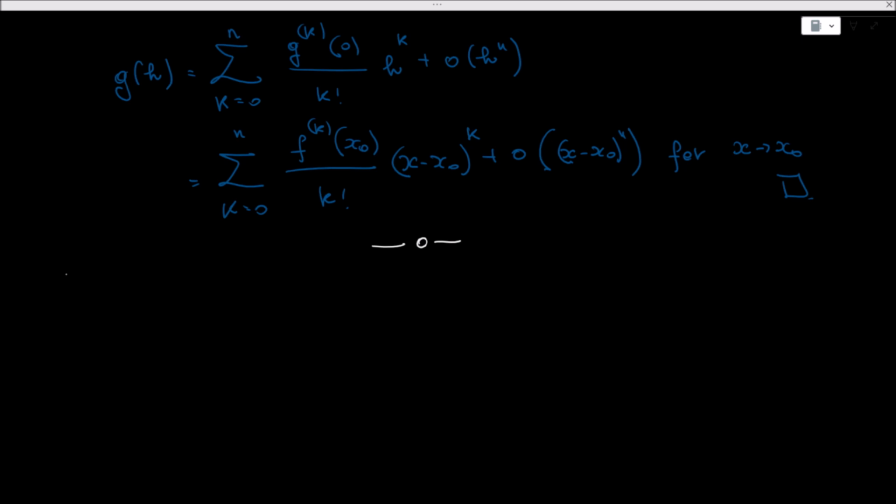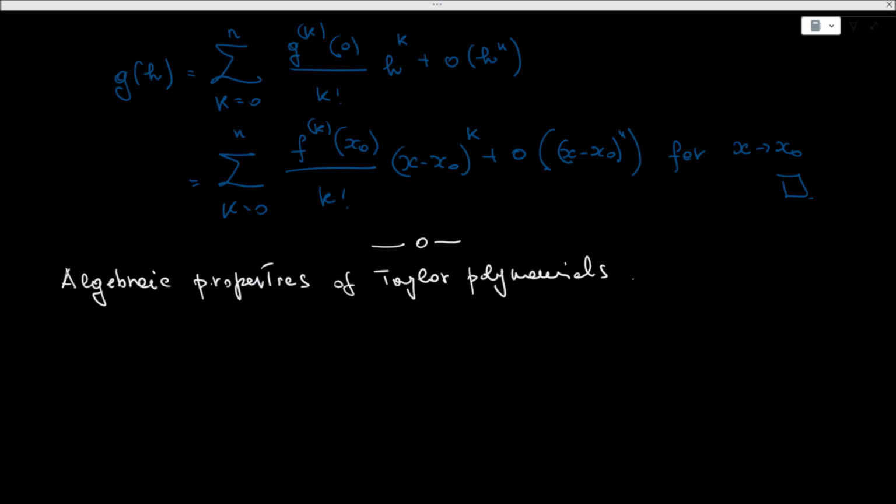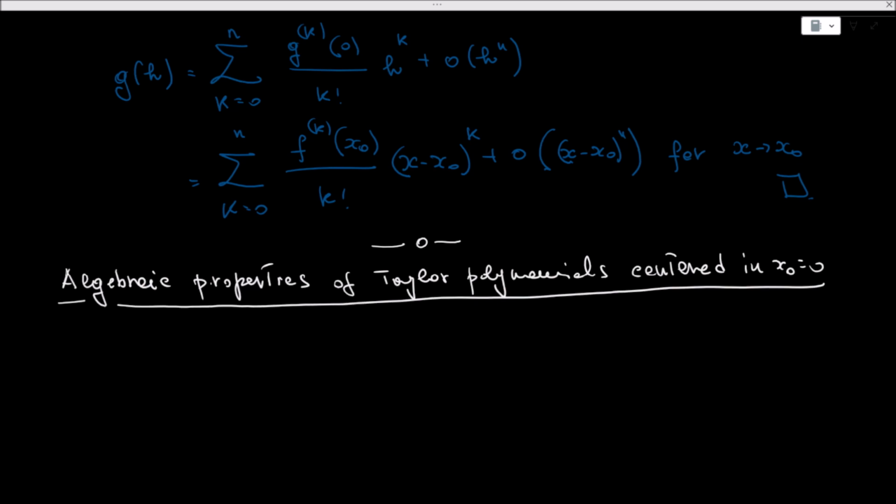And what we want to illustrate now are some algebraic properties of the Taylor polynomials centered in x naught equals 0. Okay, so this is what we're going to do now.